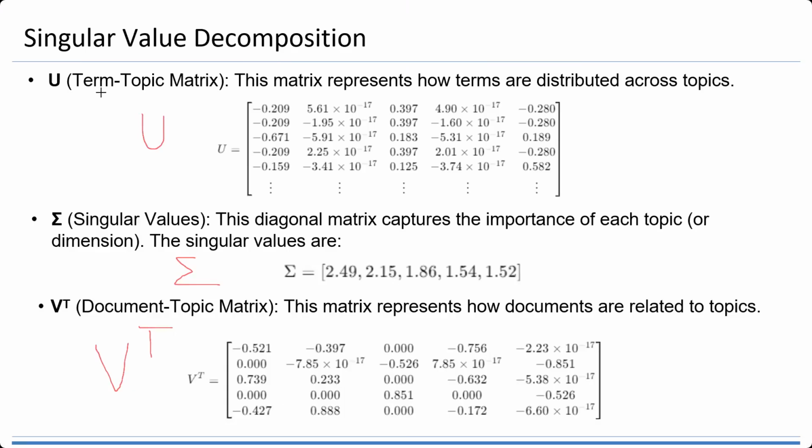U means the term topic matrix. I'm not sure how many topics we can generate here. This matrix represents how terms are distributed across the topics. So we have 1, 2, 3, 4, 5: the term topic matrix.